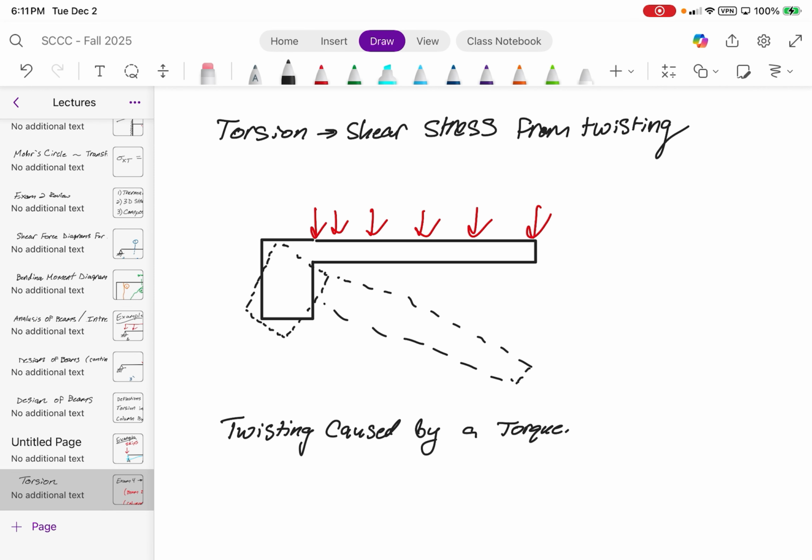Got it? This is tau over gamma. It's tau over gamma, so shear stress over shear strain.